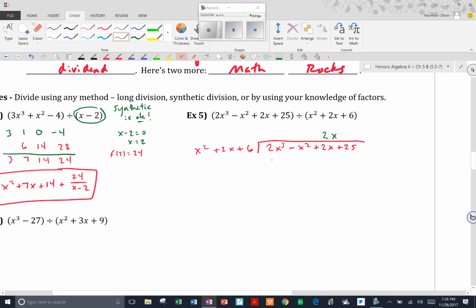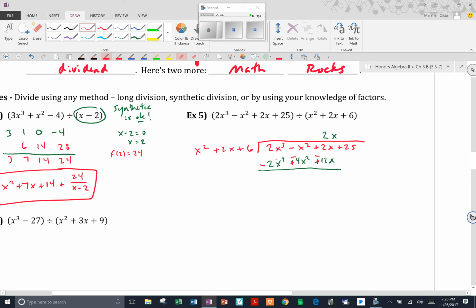We distribute that through, and we get 2x cubed plus 4x squared plus 12x. You don't have to put those plus signs there if you don't want, because we're going to subtract everything anyway. If you do put the plus signs there, just make sure you now put minus signs, because we're subtracting that whole thing, just like you do in regular division.